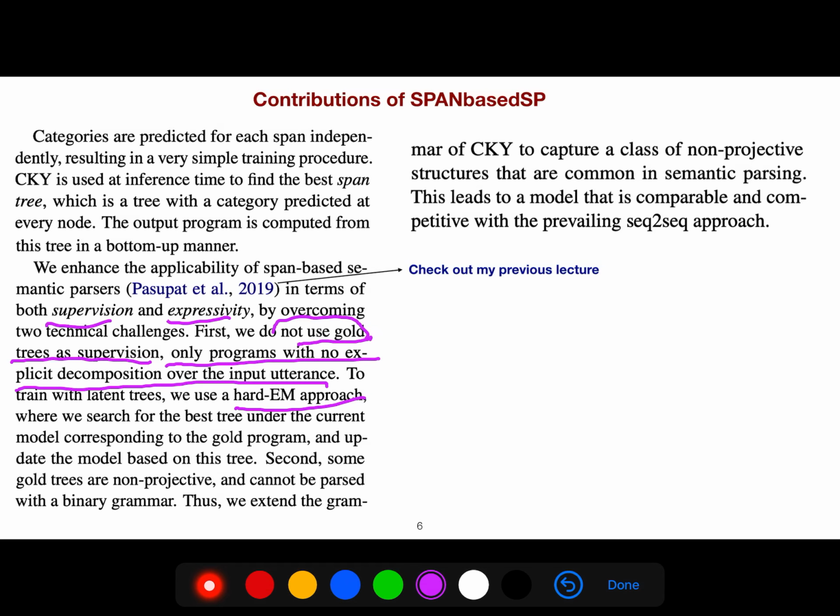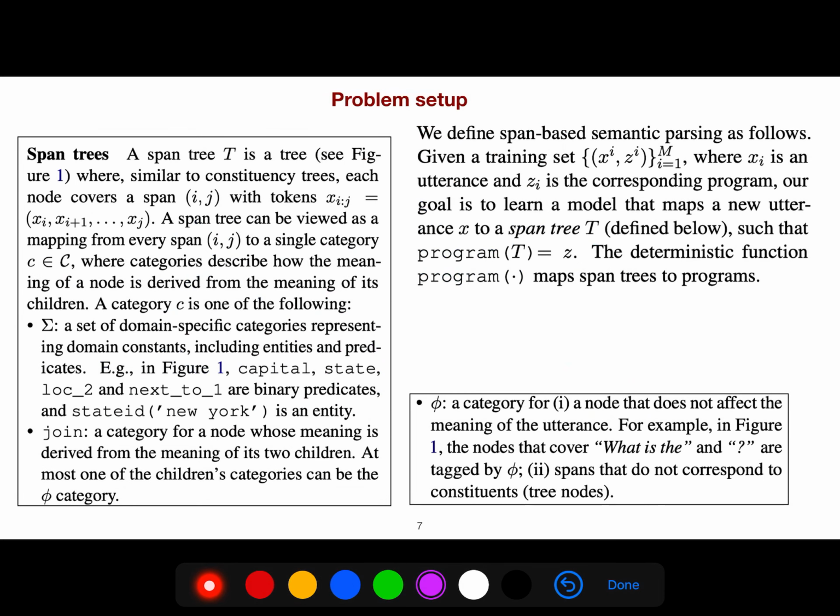Second, some gold trees are non-projective. Sometimes it happens that, for example, this word most is not in the middle of the phrase, so it's not contiguous, and thus we have some problem, but we can add to the grammar, no problem. So the problem setup is that we have a span tree very similar to constituency trees, like in the previous lecture.